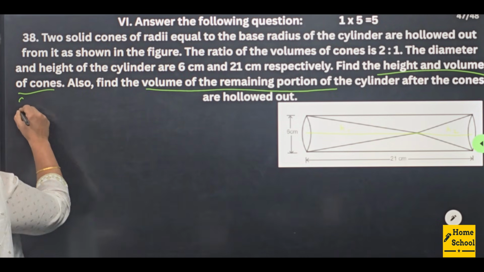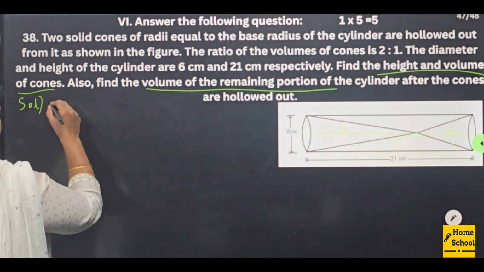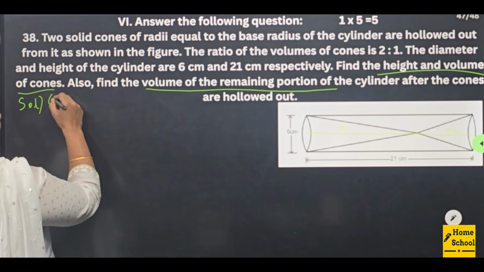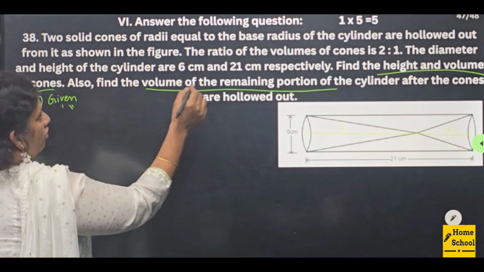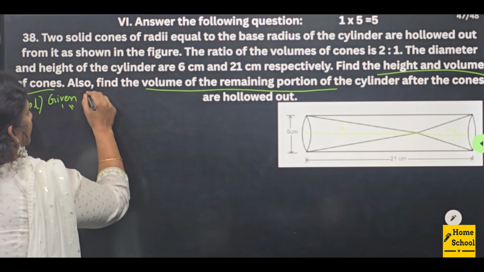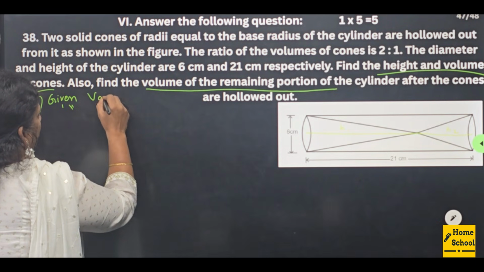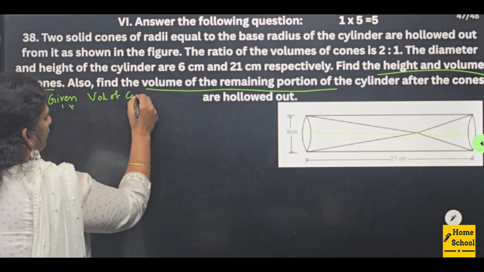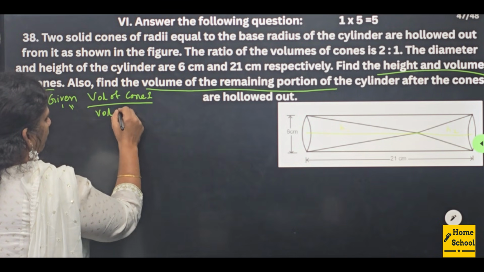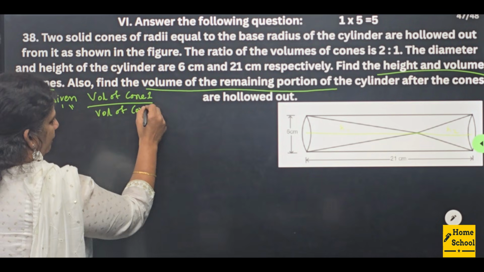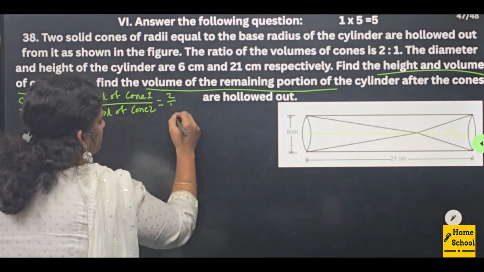Let us start here by writing all the given data. What is given? Ratio of volumes of cones, volume of cone 1 by volume of cone 2, is how much given? 2:1.